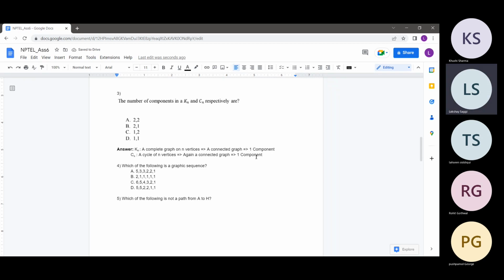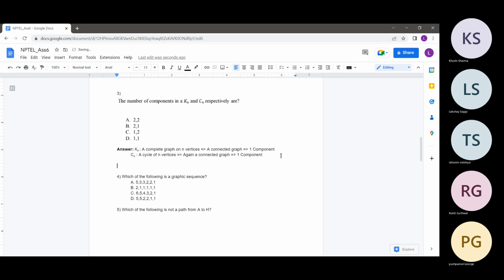Nothing too difficult here. So the number of components in Kn and Cn should both be one.